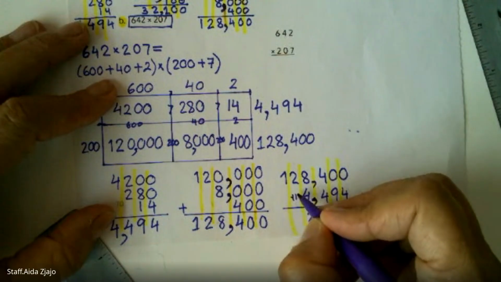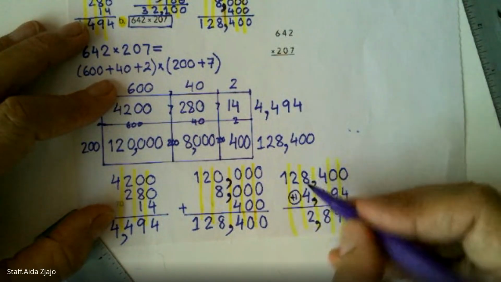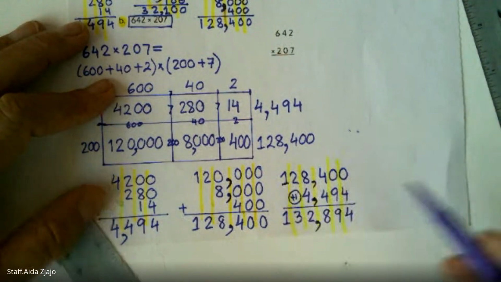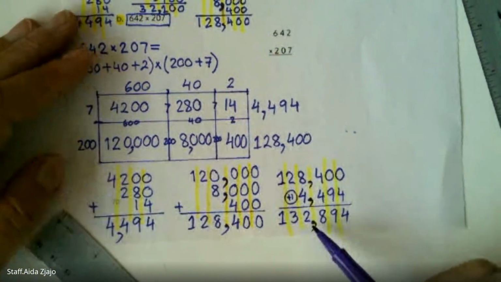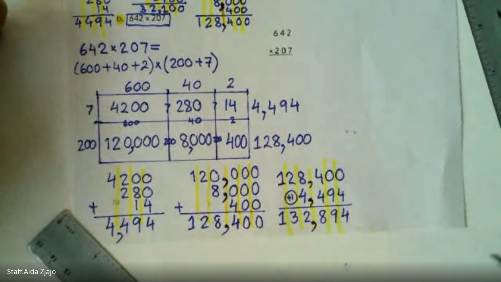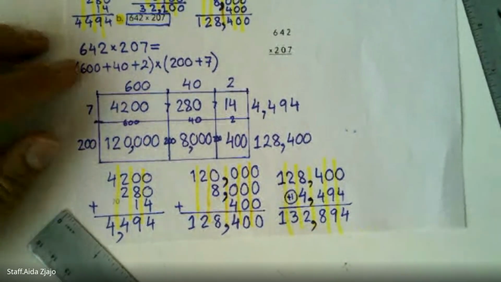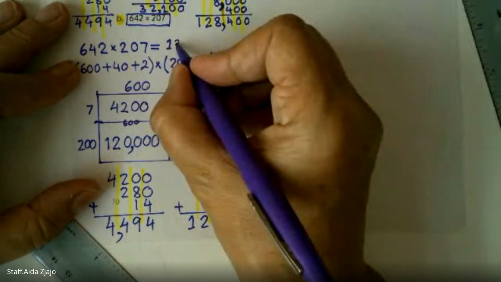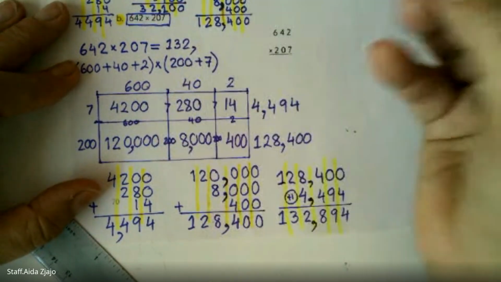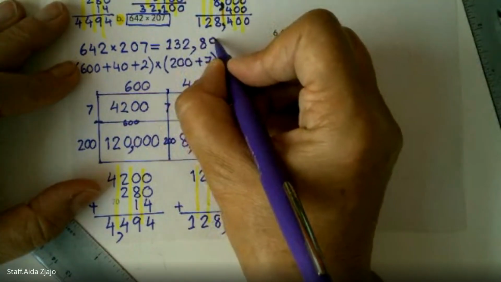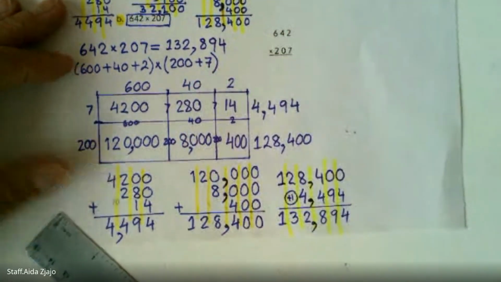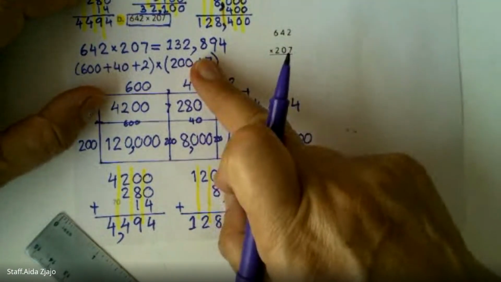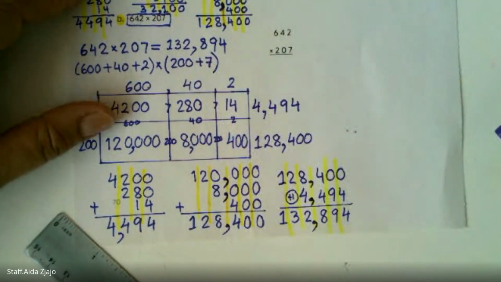Remember 1. Okay, so that's 3, and the answer is 132,894. That's the final answer. Let's see if the standard algorithm is going to give us the same number.